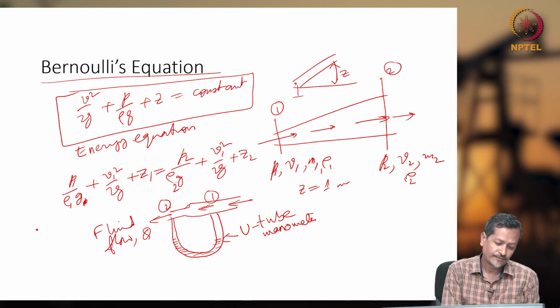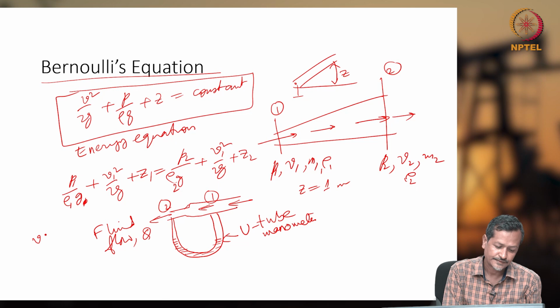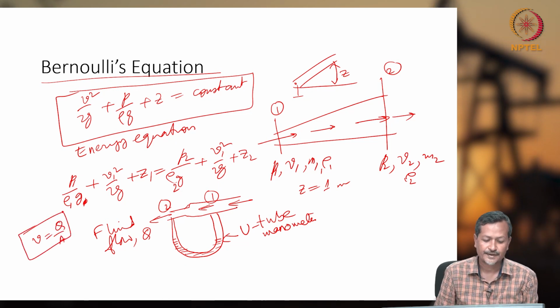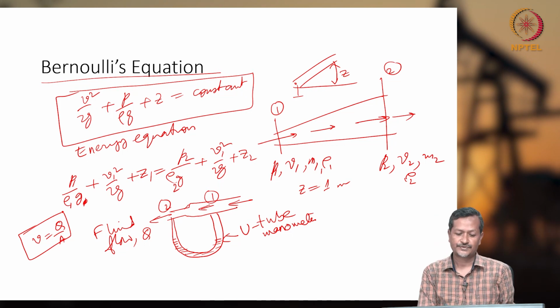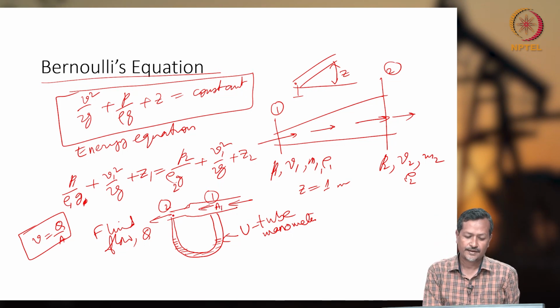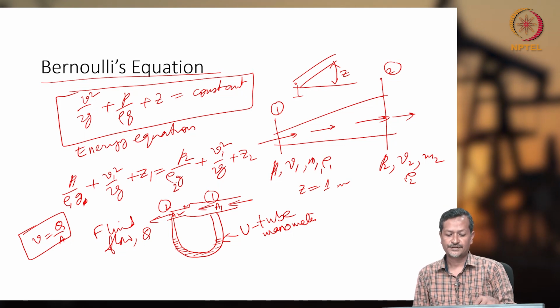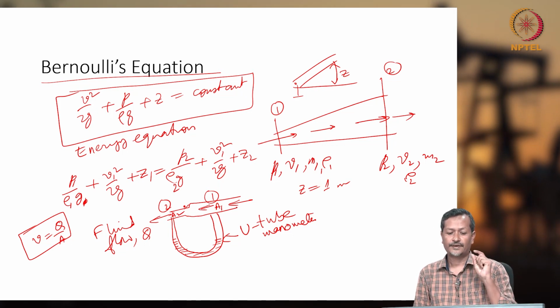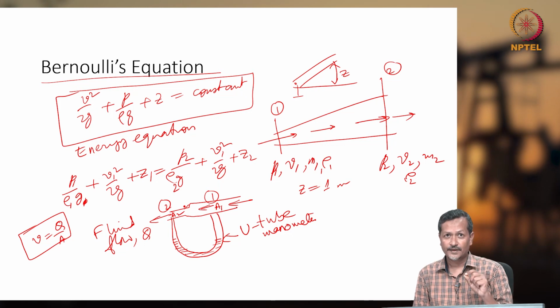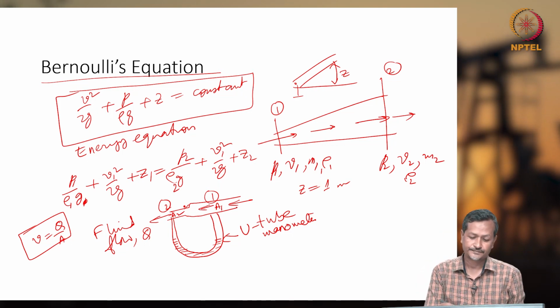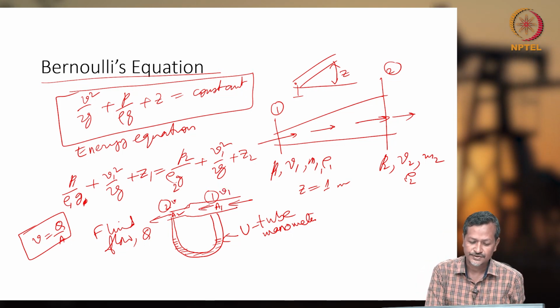Here velocity equals Q by A. You should remember, A means area of the pipe. So here A1, A2. So at point 1 in this U-tube manometer section, the area is A1. So flow rate is Q, velocity will be V1. And at 2, this is V1, this is V2.